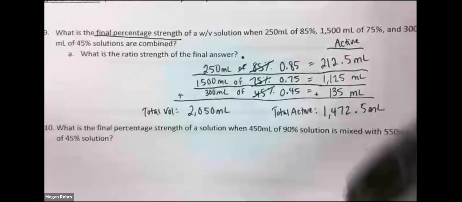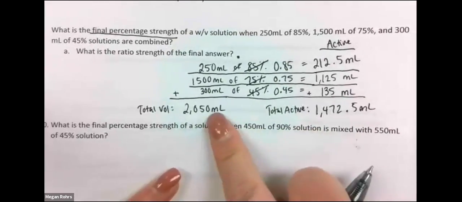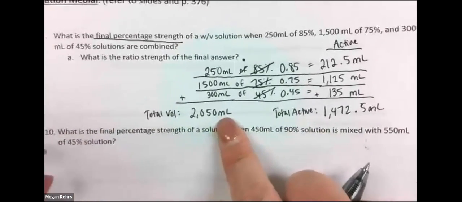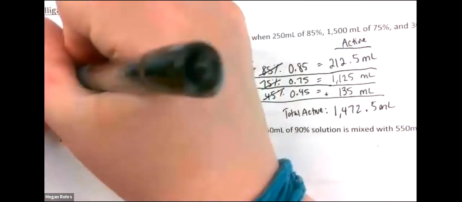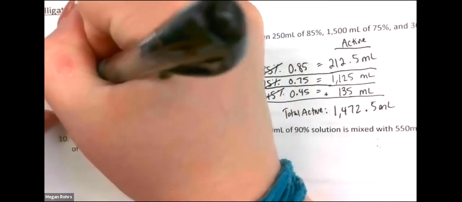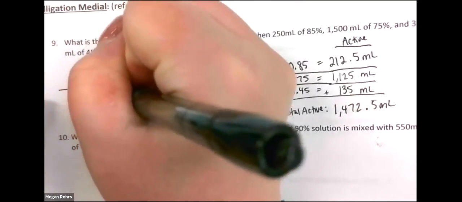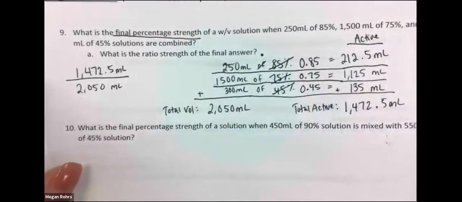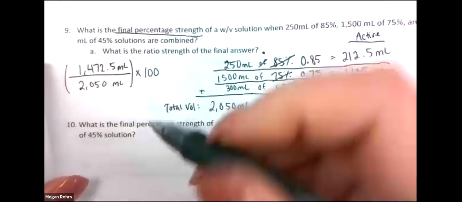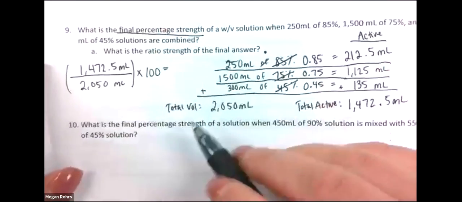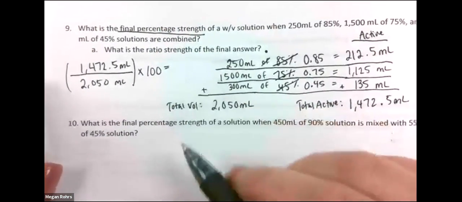So it says place the amount of active over the total amount of solution. So we would have 1,472.5 over 2,050. And then it says divide that and then multiply that by 100. And that will give you your percent strength.